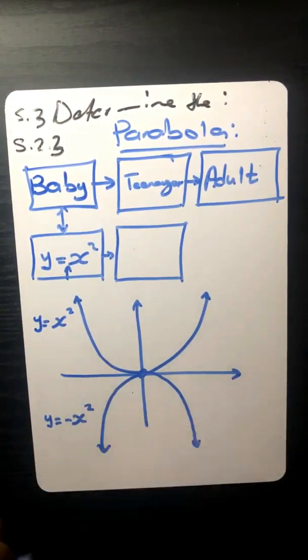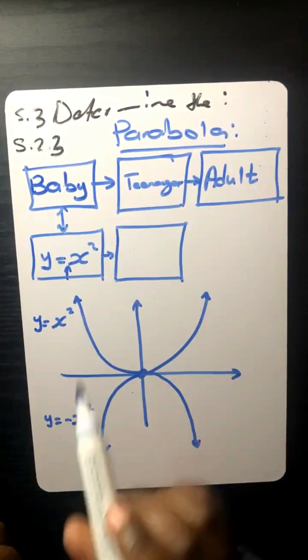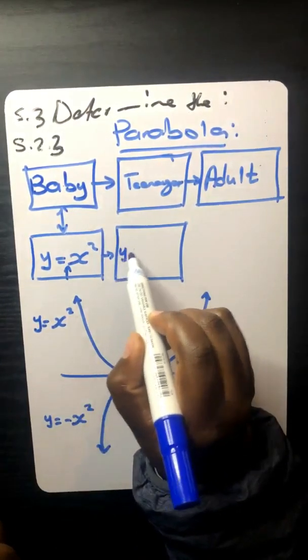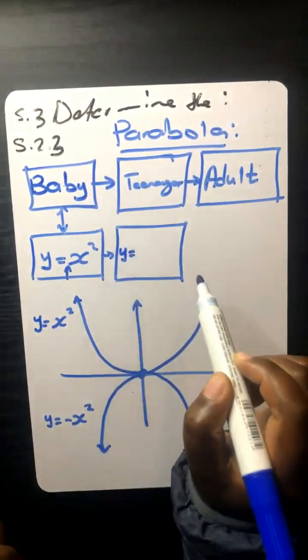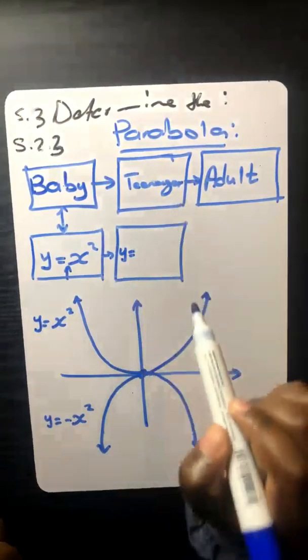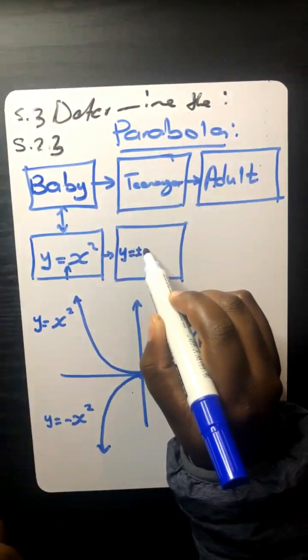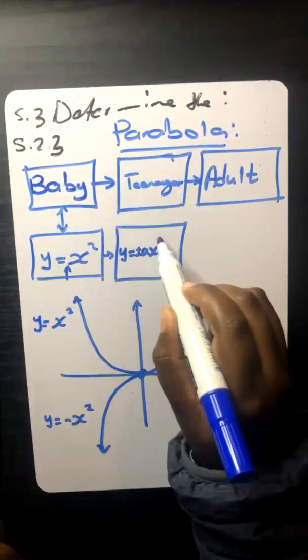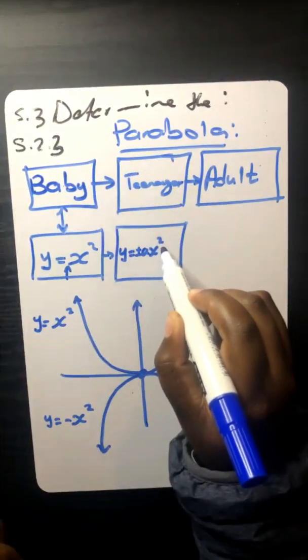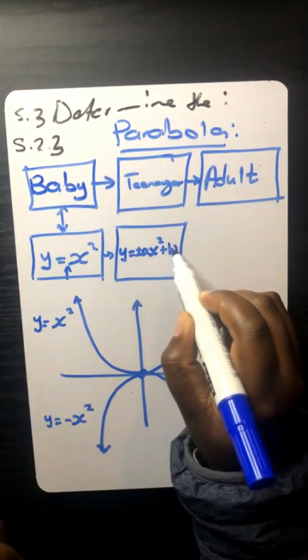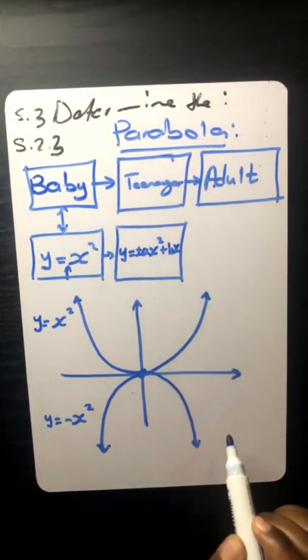So now, ladies and gentlemen, this parabola, we upgrade it to a teenage stage. Then it becomes, remember, you can either have positive or negative a x squared there. Then we can say plus bx.